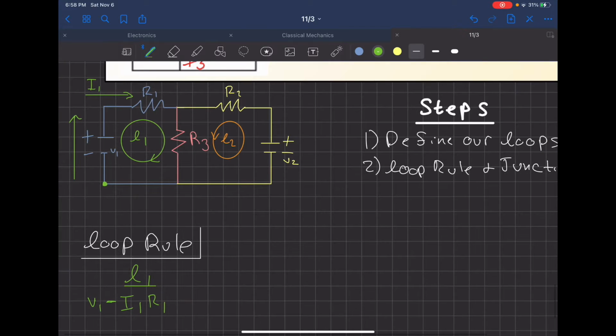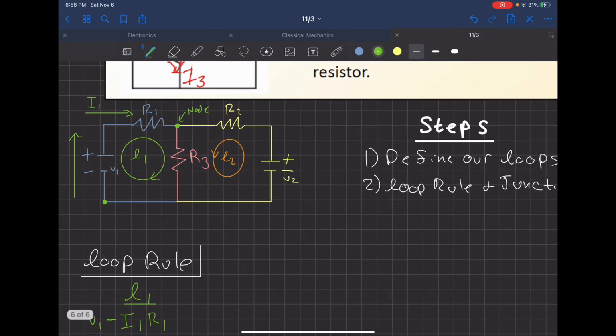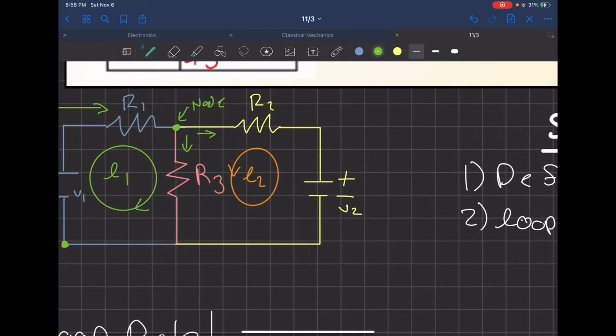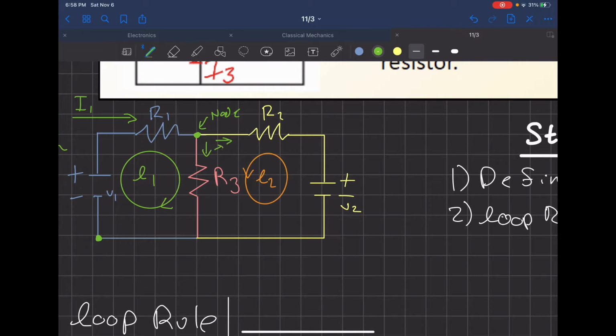And now, here's where we get into a little bit of trickiness. Since we hit this junction right here, we're going to call that a node. Our current splits off into 2 different directions, going that way and that way. And these currents aren't necessarily equal to each other, so we can't just say that the current passing through here is equal to I1.